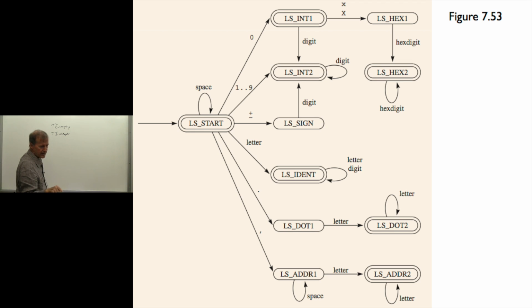And then if we wind up in ls int 2, what have we detected? Integers, same thing. If we wind up in ls hex 2, what have we detected? T hex. If we wind up in ls ident, what have we detected? T identifier.